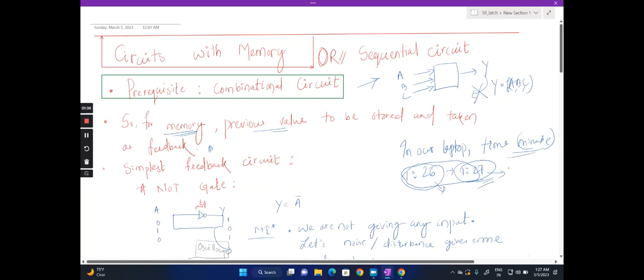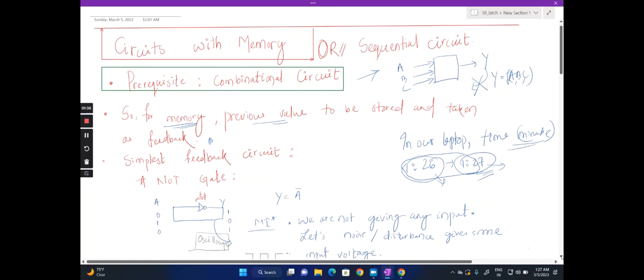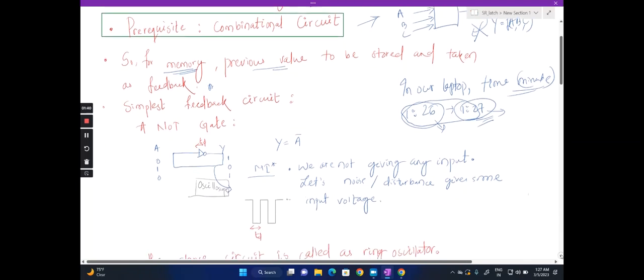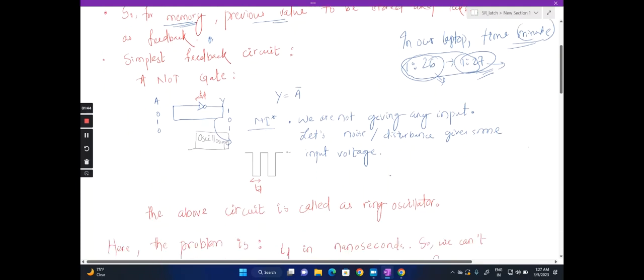So for that, let's take the example of the simplest feedback circuit, a NOT gate. In this NOT gate feedback circuit, there is a NOT gate with input A and output Y, and A and Y are shorted. We are not giving external inputs to the circuit.